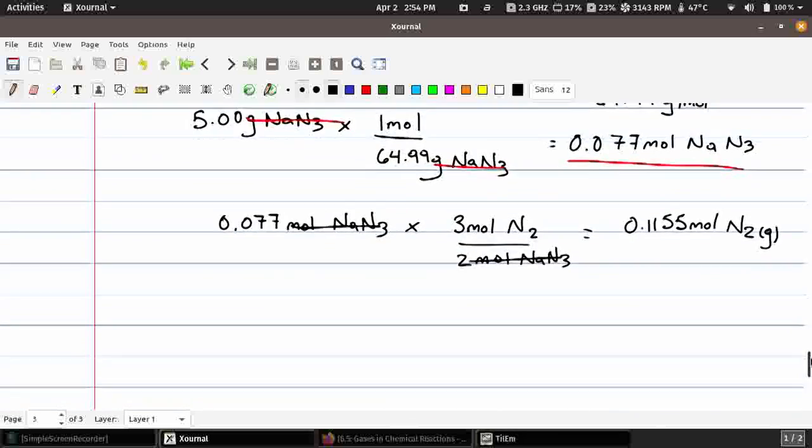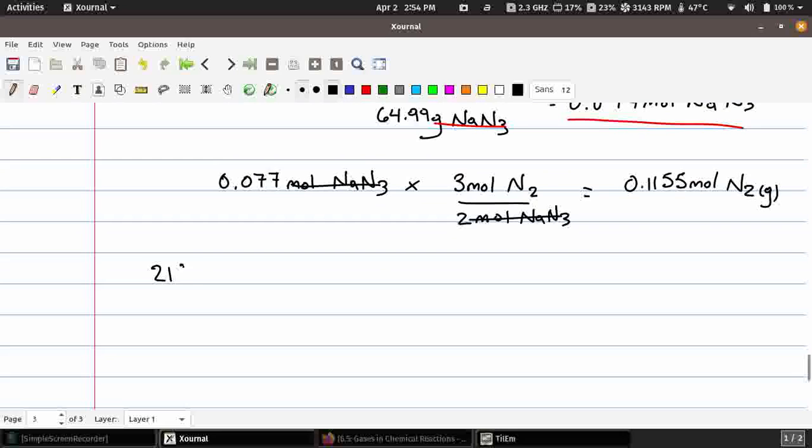So now we have to convert 21 degrees Celsius to kelvins. It's easy. Add 273 to it, or 273.15 if that's what you want. So that means we have 294 kelvins for the temperature.